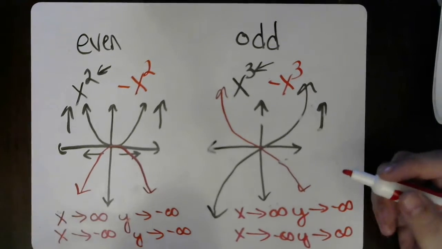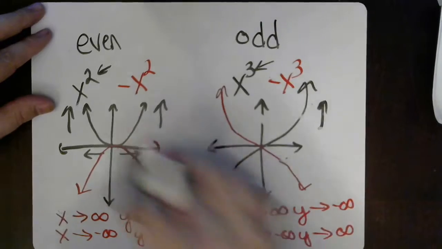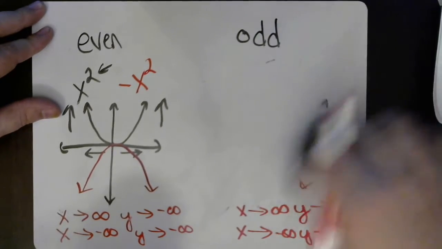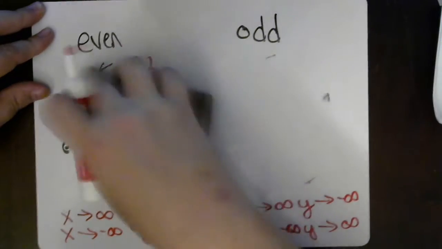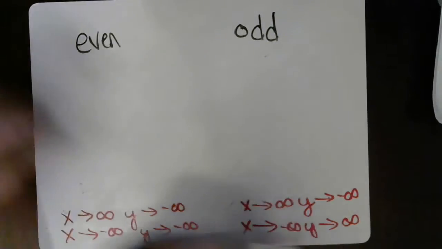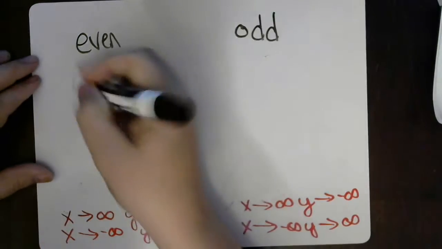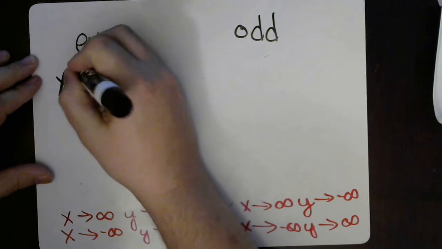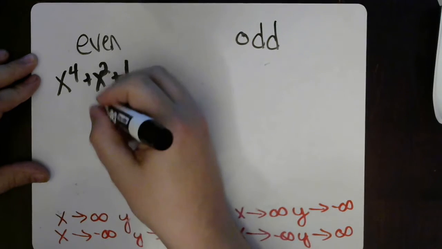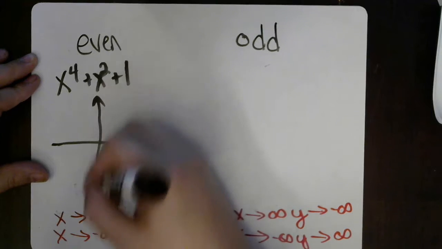Now, we're going to erase our graph. I'm going to leave this here, and then we're just going to look at an even polynomial, like x to the 4th plus x squared plus 1. Again, we really don't know what this looks like unless we use a graphing calculator or plot a bunch of points.